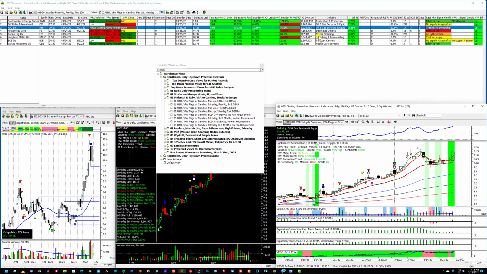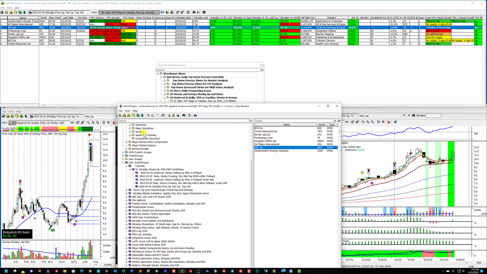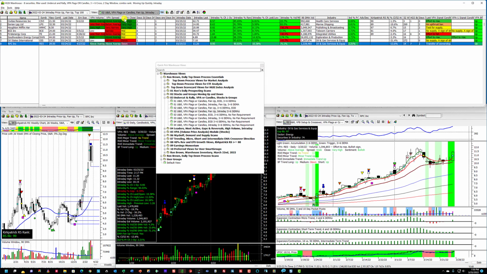So what I'm showing you here is the ability to run this scan. Let me bring the designer up. Get this group here, and then you can apply other scans to that group. And what I'm looking for here are low risk entries.